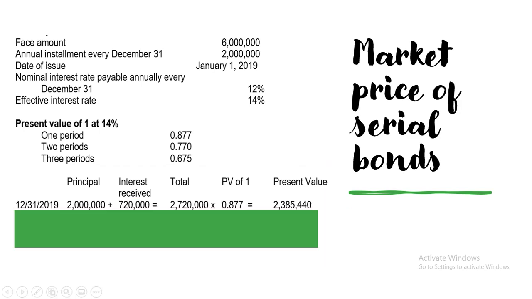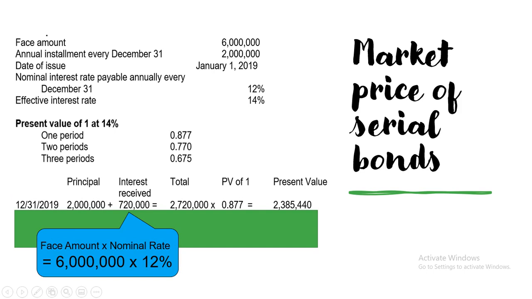So, for the first year, 2 million, diba ito yung marireceive niya every year. Plus the interest received na 720,000. So, how come, or how do we compute 720,000? The face amount of the bond, 6 million times 12% na nominal rate.